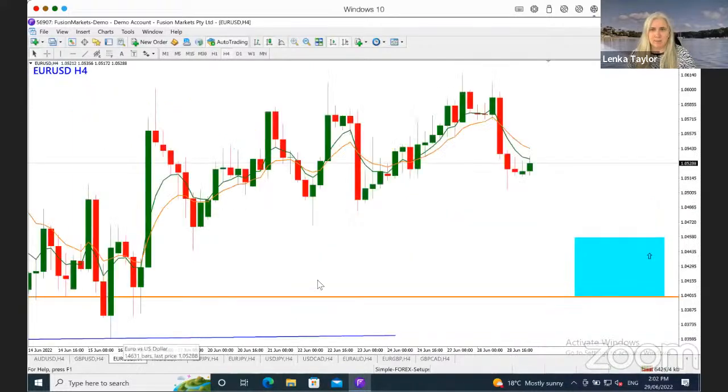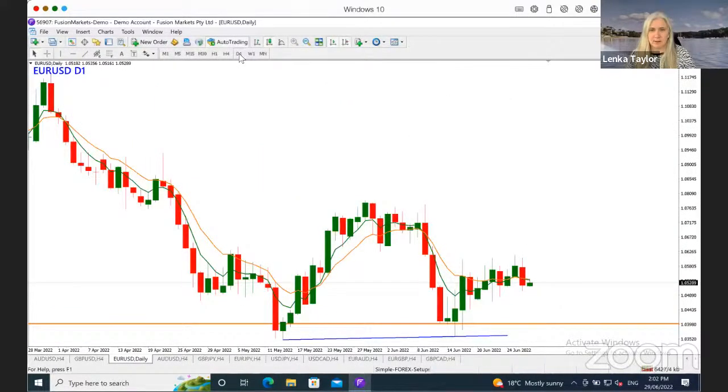Next currency pair I'm looking at is EURUSD. Similarly on this, we just have price action going sideways and sideways, so looking for some kind of pullback. Here on the daily, we already have that double bottom, so still looking to go long.